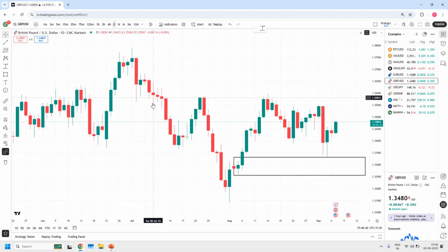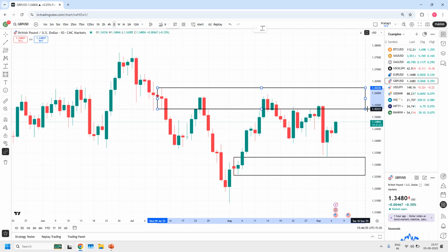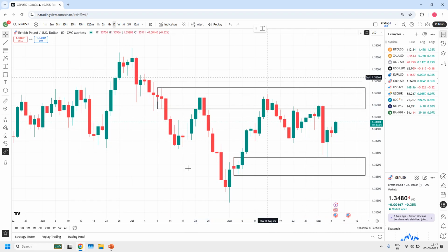So because we have a leg in, you have two base candles, and then you have a drop candle as a leg out, you can draw a supply zone here. So this is the supply zone. See, the supply zone again pushed the prices down.